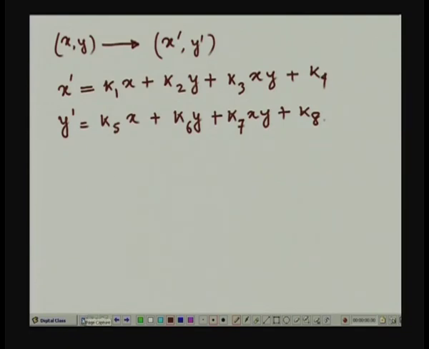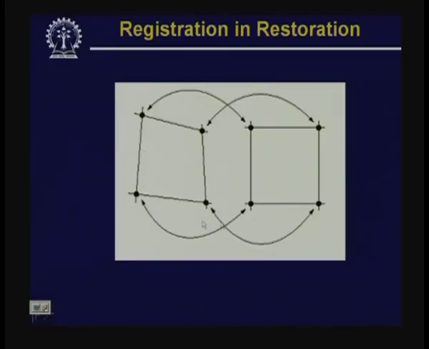So, if I look at this figure, I have to get 4 such correspondence pairs. Once I have 4 such correspondence pairs, I can generate 8 equations, and using those 8 equations, I can solve for all those constant coefficients k 1 to k 8.